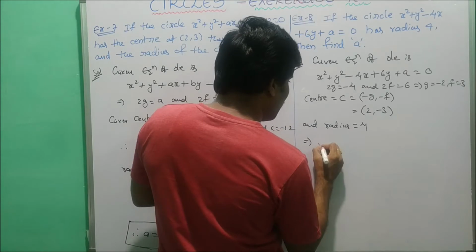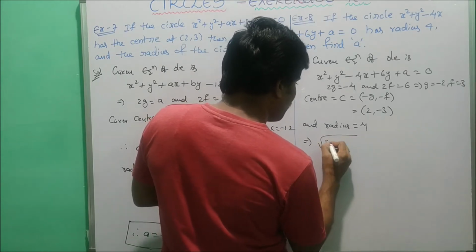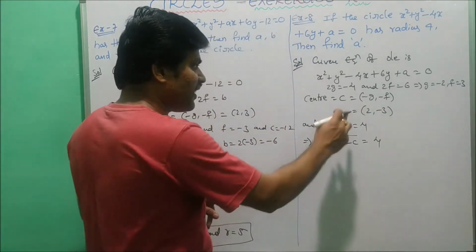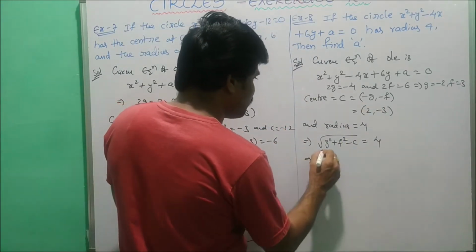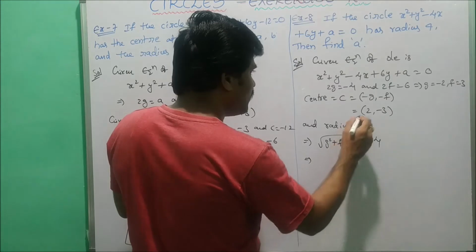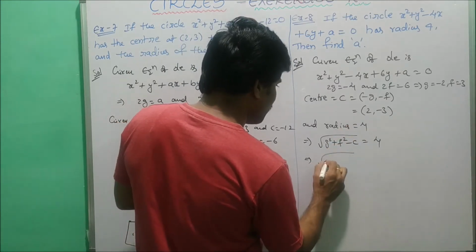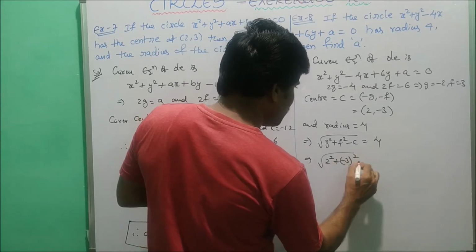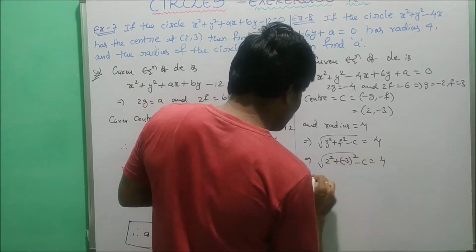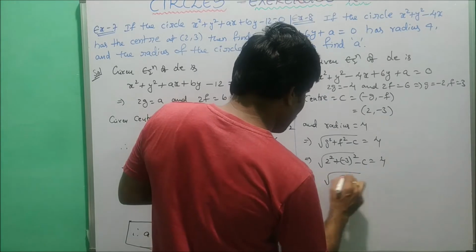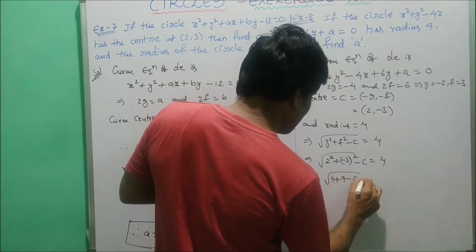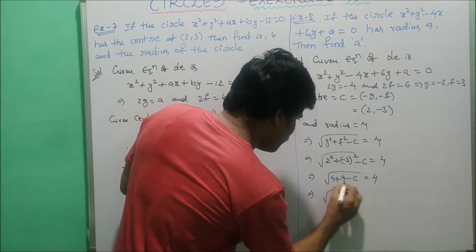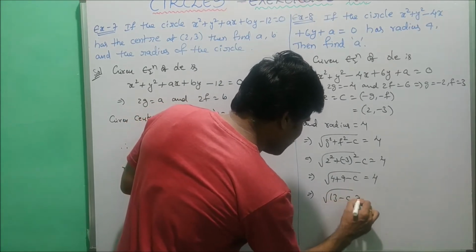Now using the formula of the radius, that is square root of g square plus f square minus c, equating to the given radius, that equals 4. Now we substitute g and f: square root of 2 square plus minus 3 whole square minus c equals 4. Now square root of 4 plus 9 minus c equals 4, that is square root of 13 minus c equals 4.